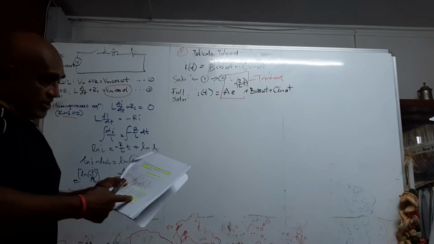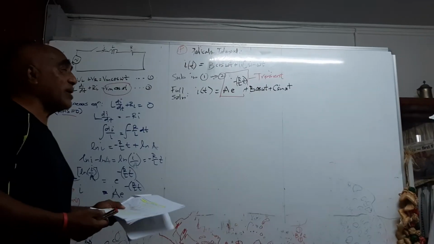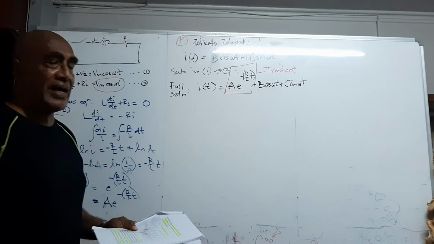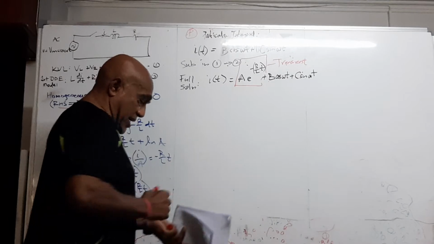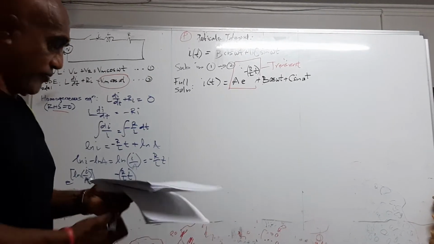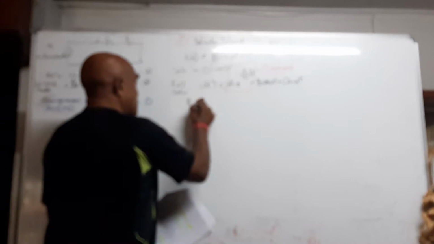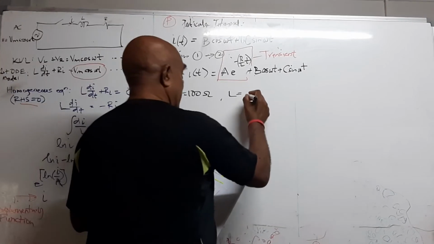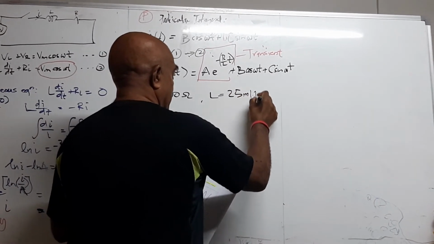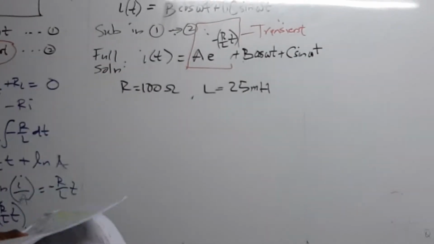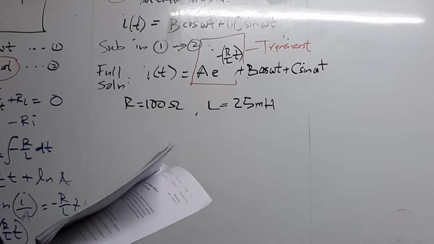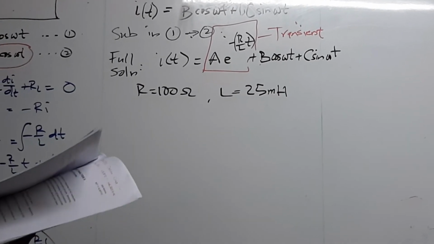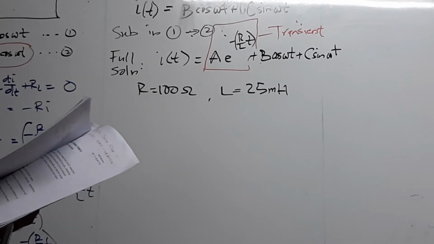So at the bottom there, it simply says, if you take two values of R and L, where R is equal to 100 ohms and L is equal to 25 millihenries, and substitute it into that, you will get R over L is 4 by 10 to the 3.